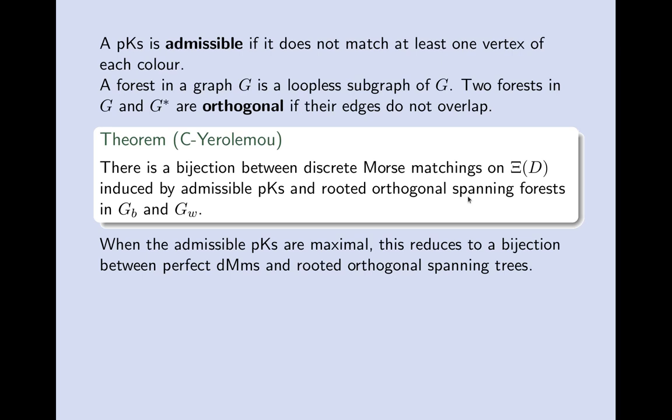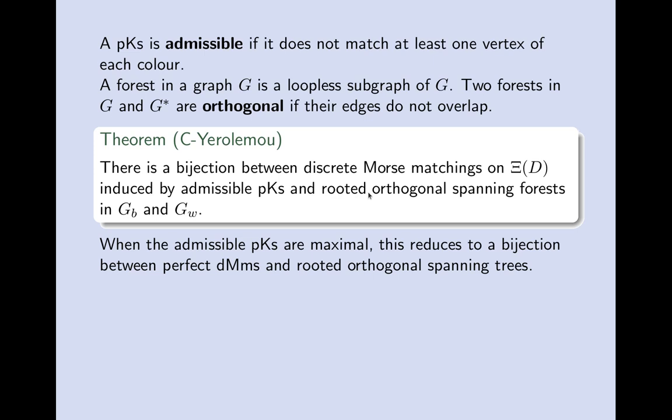And yeah, this is the result. There is a bijection between discrete Morse matchings on psi of D, which are induced by admissible partial Kauffman states, and rooted and orthogonal spanning forests in both the black and white graphs associated to D. And again here, spanning just means, as before, all vertices in G and in G star respectively are part of the two forests.